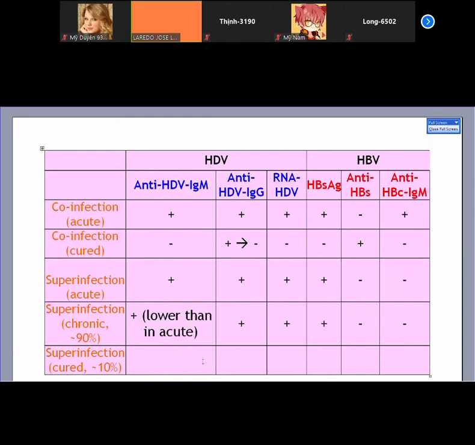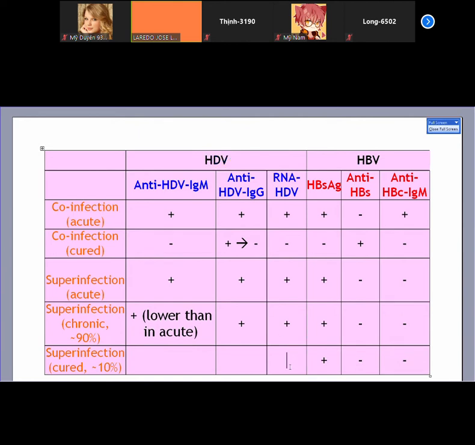And finally, we have some patients, but not many, just around 10% of patients, that become recovered of hepatitis D virus after superinfection, not hepatitis B. So hepatitis B markers are the same. They remain chronically infected by hepatitis B, but they recover from hepatitis D. So the markers become negative.